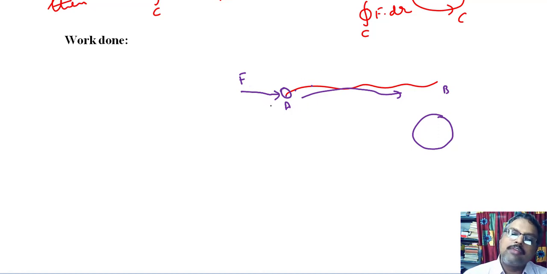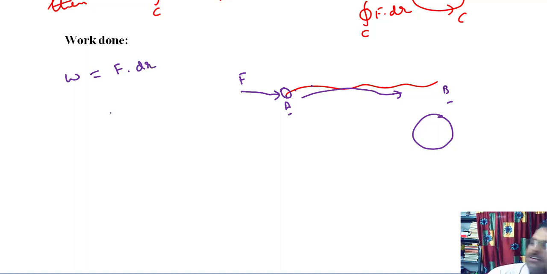From one point to another point, what is the work done by this force? The work done formula is force into displacement. From point A to B, divide into small arcs and find the work done on each small arc.